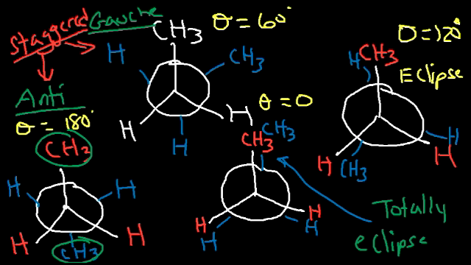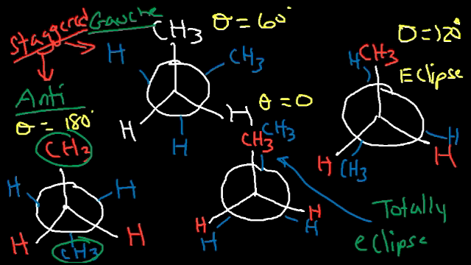And so as they approach, that resistance to twisting is called torsional strain. The atoms don't want to be eclipsed with each other. And so that resistance to twist to that eclipse state, that's torsional strain. So anytime you have an eclipse conformation, you have torsional strain.